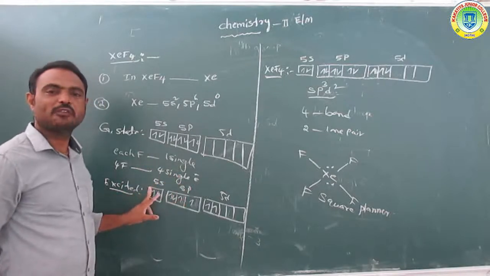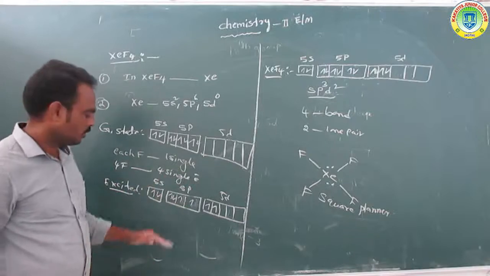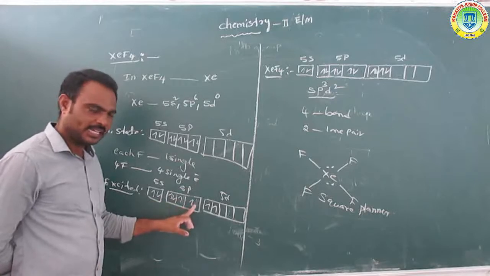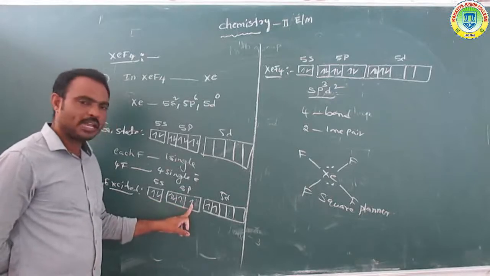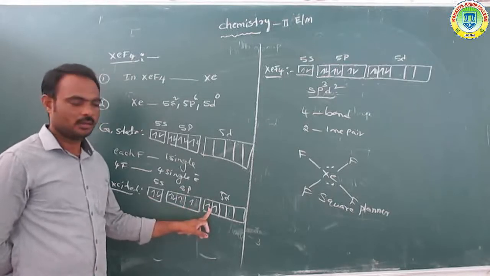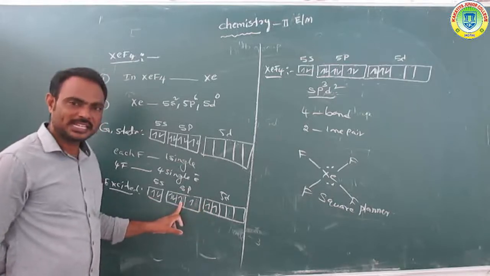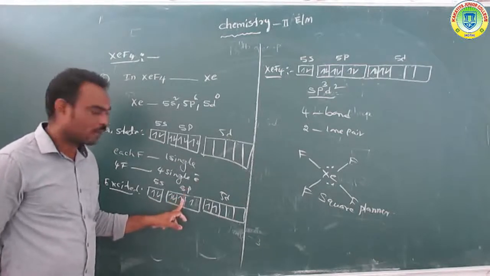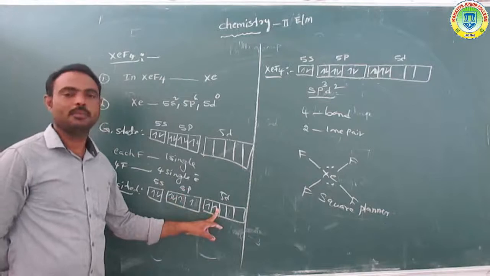We need the excited state. In the first excited state, one electron from the 5p orbital jumps to the 5d orbital. Next, in the second excited state, another 5p electron jumps to the 5d orbital.